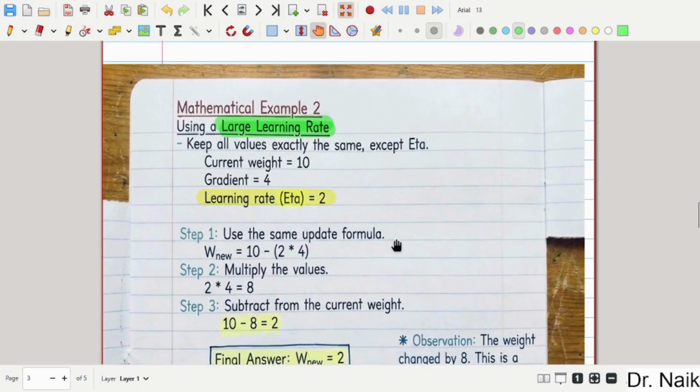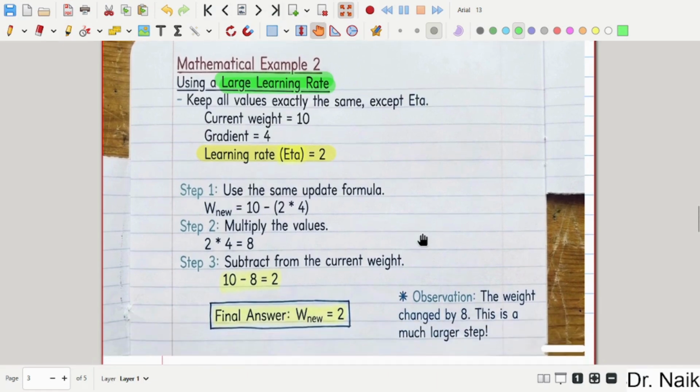Now consider another example using a large learning rate. We keep all the values exactly the same as in the previous example except eta. So we use a learning rate eta of 2, keeping the current weight as 10 and the gradient as 4. Now use the values in our update formula, W new equals W old minus eta times gradient.